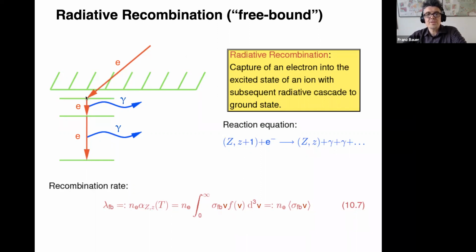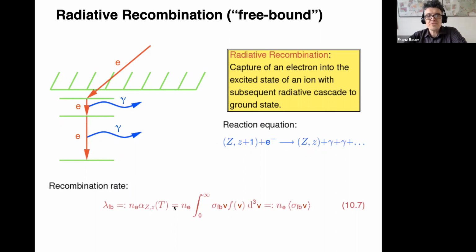So you get captured into an excited state, and then you might release several photons in this process. You could also capture it directly and just release 1 photon. It just depends; the number of photons depends on exactly what happens here.